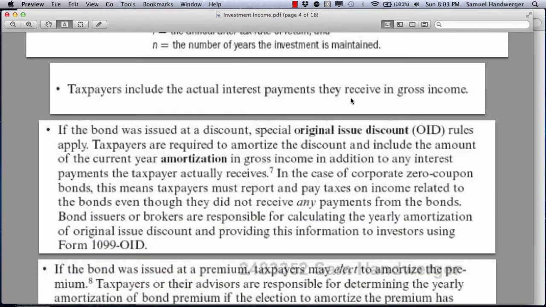If a bond was issued at a discount, I'm just going to read this, we'll read it together. If a bond was issued at a discount, the original issue discount, OID, rules apply. This gets a little complex, so basically you're supposed to get the basics of what this means. Let's talk about how discount bonds work, then we'll go back to the writing here.